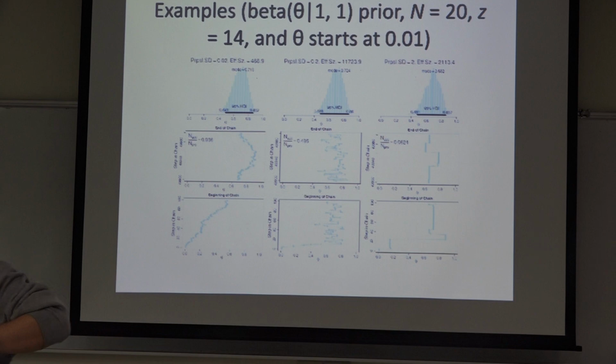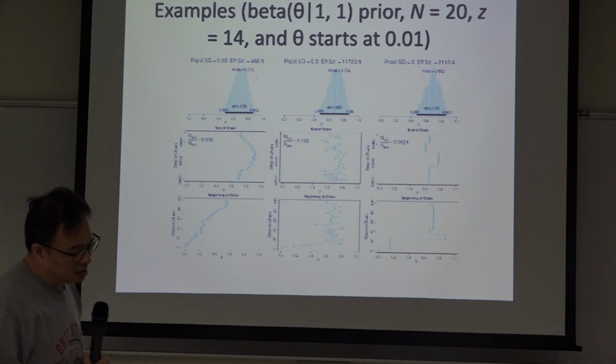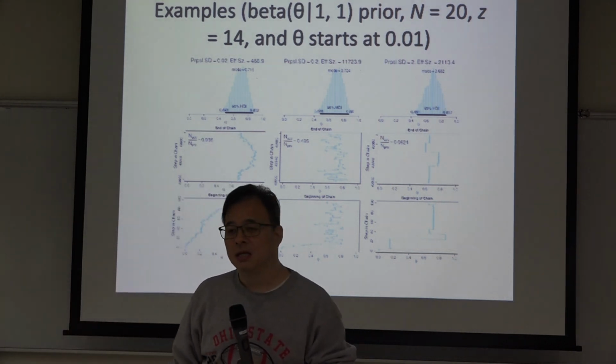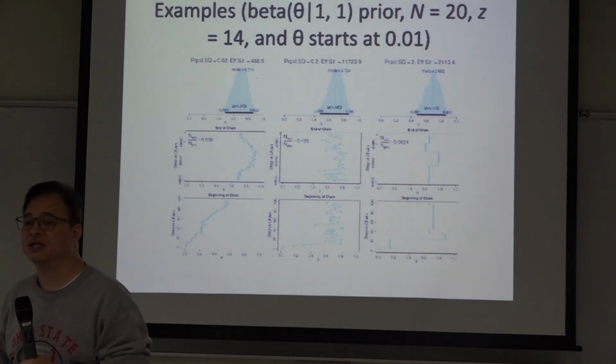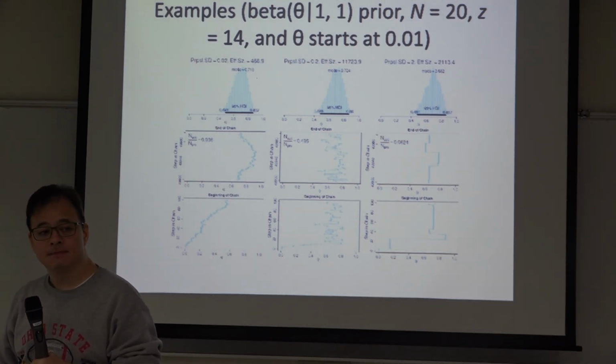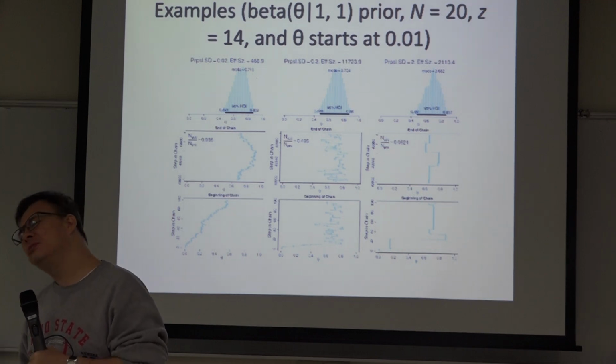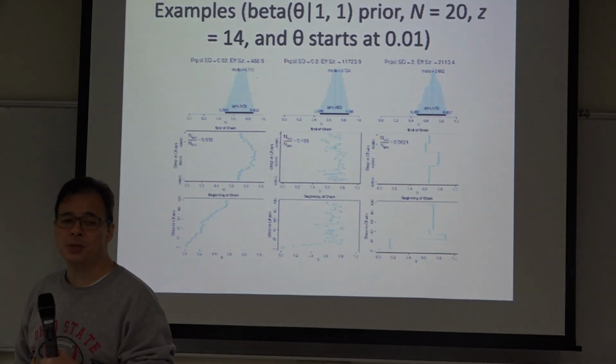So theoretically we are getting 50,000 samples, but in the end, in the best scenario that we can see in the middle column, we only get like 11,000 effective sample size, if we set the standard deviation appropriately. If you look at the ratio, it's less than 1/4.